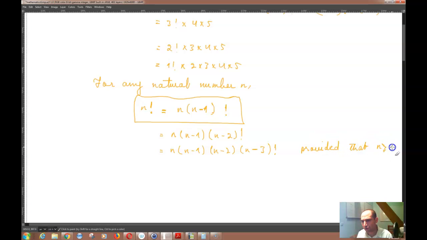Or here, this is provided that n is greater than or equal to 2, and so on and so forth. And you can, of course, continue with this in the same way.